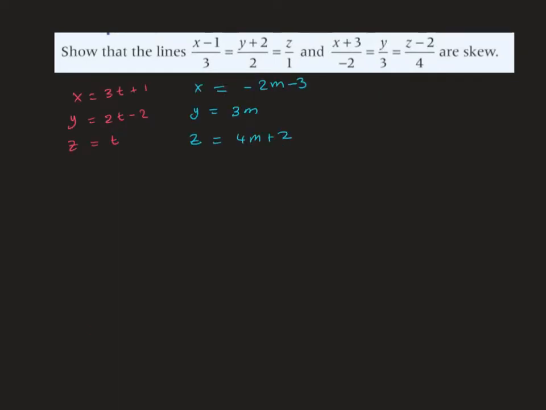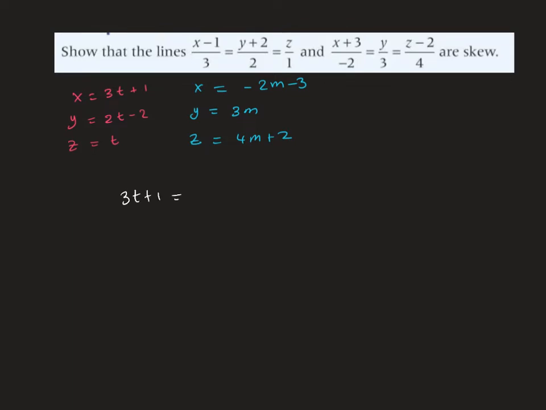So now our job is to find the intersection. Once again, we have to see if we can find a value of m and a value of t for which these 2 points x, y, z are the same. So we need to build the equations.